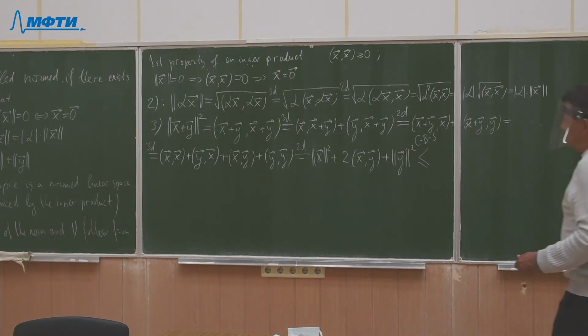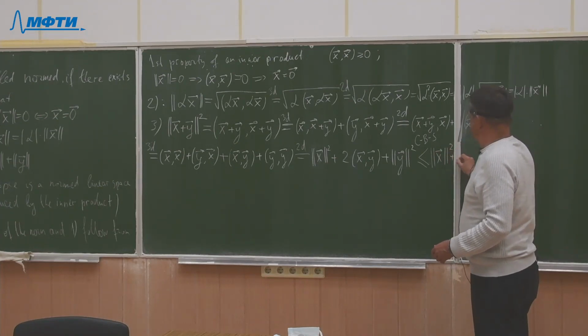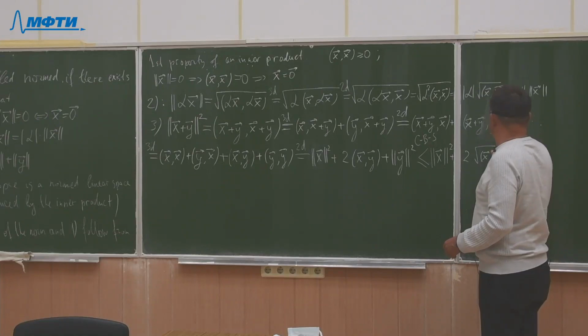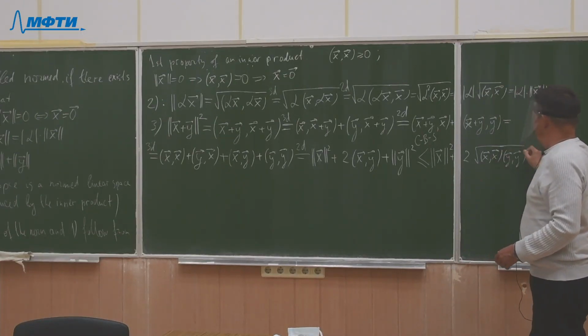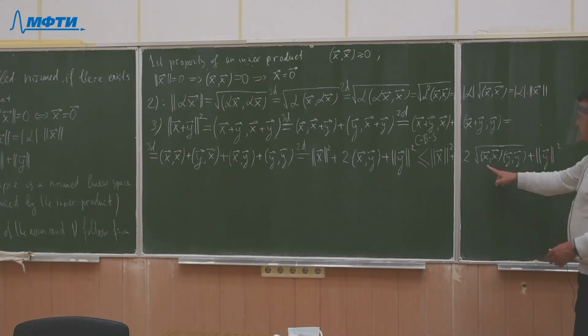So we can rewrite like that: 2 times the square root of (x,x) times (y,y), but that is the norm of x, that is the norm of y, right?